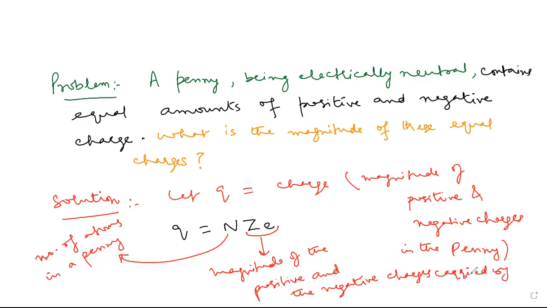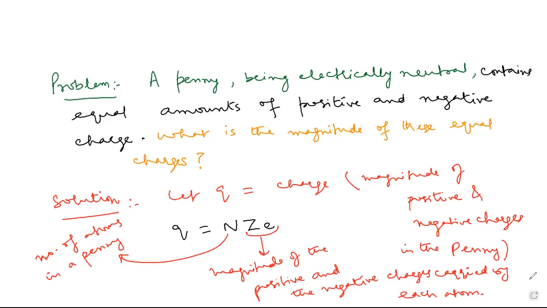So if you know the magnitude of positive charge carried by one atom, you multiply that with the number of atoms, you get the total positive charge or total negative charge in the penny. So Z is the magnitude of the positive and the negative charges carried by each atom.